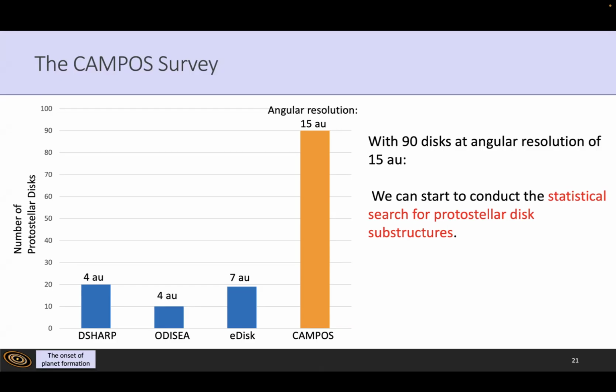And what is important about our sample is that this is a uniform sample. So with this uniform high angular resolution sample, we can start to conduct the statistical search for protostellar disk substructures for the very first time.